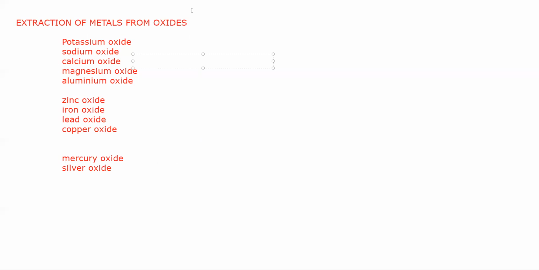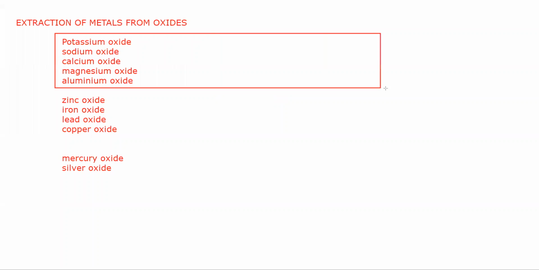So if we use a more reactive metal, if you have potassium, sodium, calcium, magnesium, and aluminium, what we will do is heat or electrolyze the molten oxide.